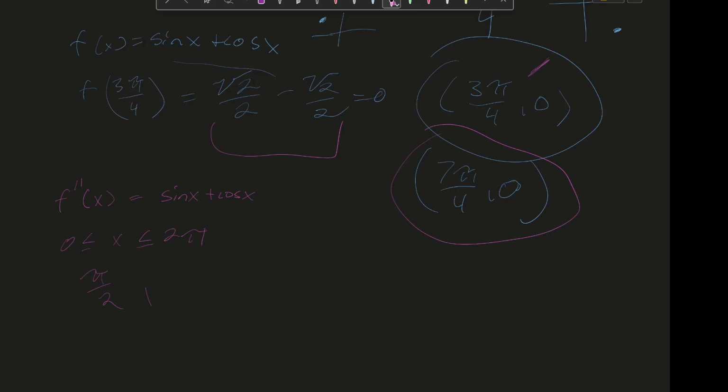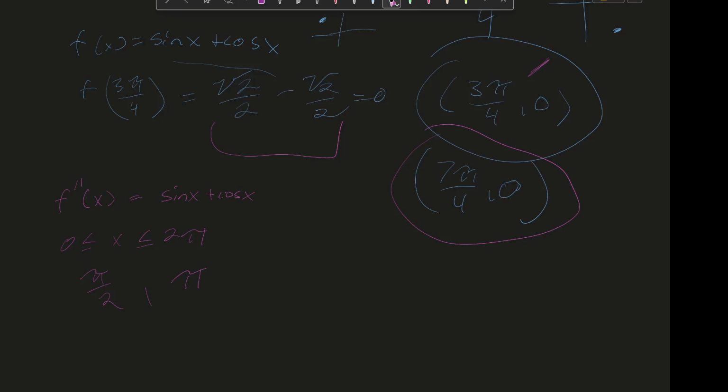I would choose pi. That's between those two values, and it's the nicest thing you could work with. You could choose 3 pi over 2, that's your negative y-axis, but pi's easier. Well, it depends how well you know your circle. Choose whatever. And then you're going to want something between 7 pi over 4 and 2 pi.